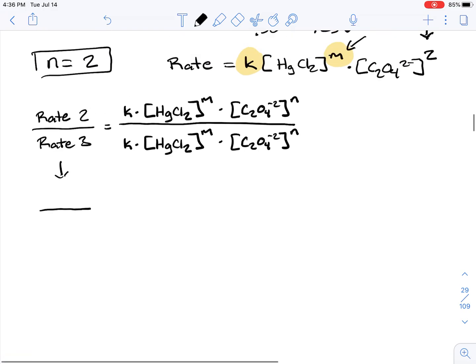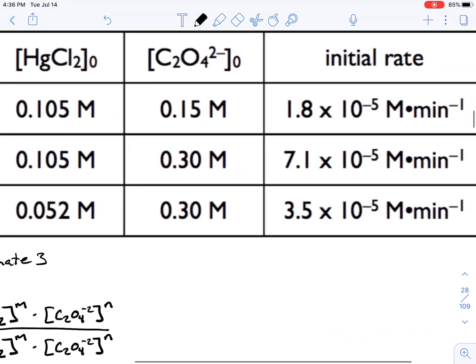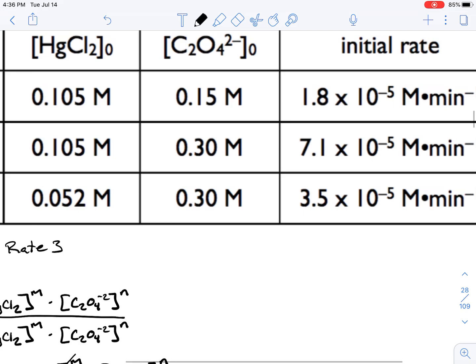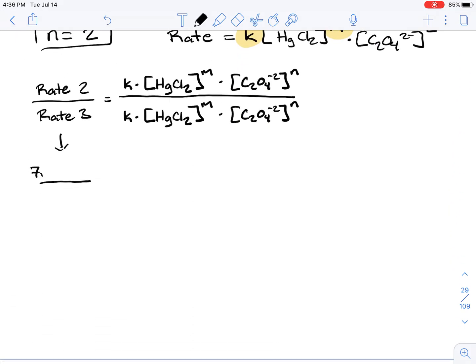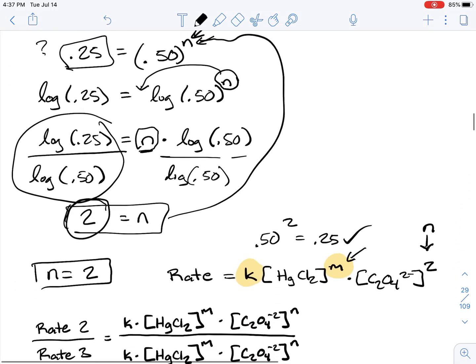So now that I have my mathematical expression, I'm simply going to substitute the initial rates for experiment 2 and experiment 3. The initial rate for experiment 2 is 7.1 times 10 to negative 5, and the initial rate for experiment 3 is 3.5 times 10 to negative 5.